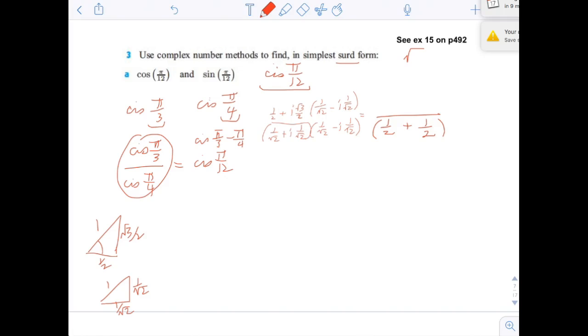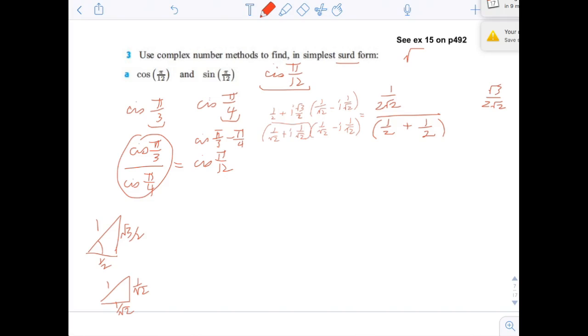Now on the top, we can do FOIL also. So we get 1 over 2 square root of 2 for the first term. For the last term, minus i times i is going to be positive 1, and square root of 3 over 2 times 1 over square root of 2 is going to be square root of 3 over 2 square root of 2.